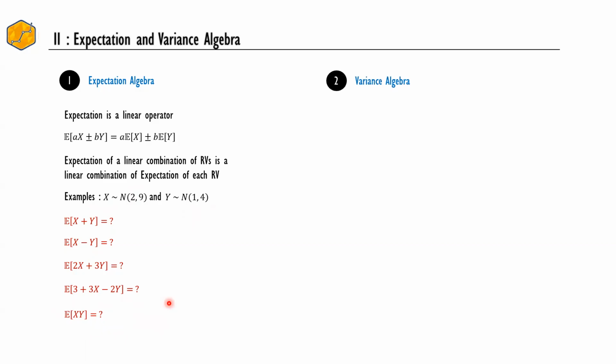Next, variance algebra. You must have seen this already, but let's do this. Here also people struggle. First of all, variance is not a linear operator. If you take variance of aX plus minus bY, the constants come out squared: a squared variance of X plus b squared variance of Y. Irrespective of what sign you have, the second term is always plus because variance is always positive.